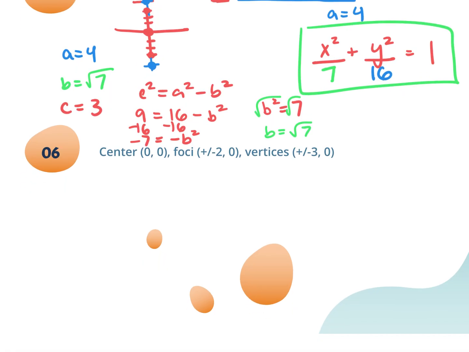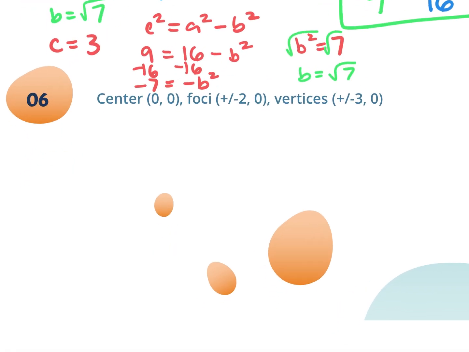Let's do number 6. So same thing, I'm going to start by graphing it. So my center's at 0, 0. My foci are plus or minus 2, comma 0. So I'm going to go to the right 2 and to the left 2, put my foci there. And my vertices are plus or minus 3, comma 0.